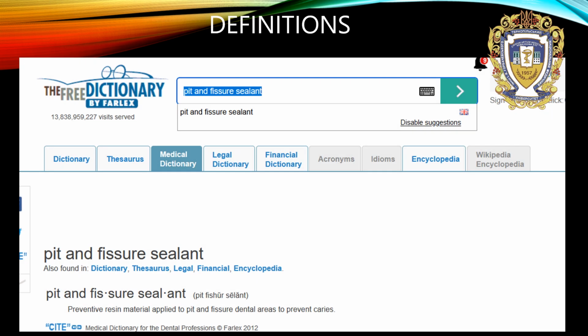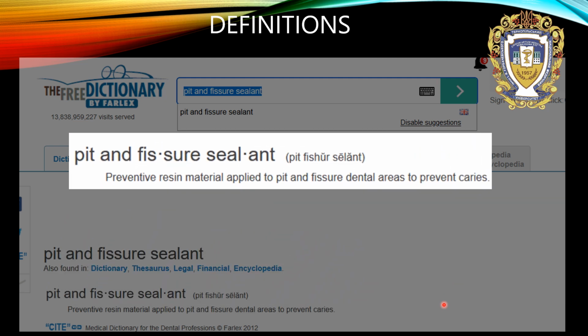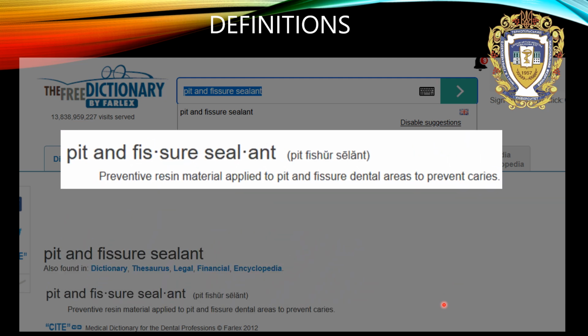But in this dictionary, in the medical chapter, there is the term pit and fissure sealant. What does it mean? This term means that pit and fissure sealant is a preventive resin material applied to pit and fissure dental areas to prevent caries.